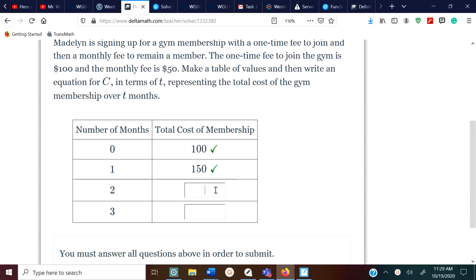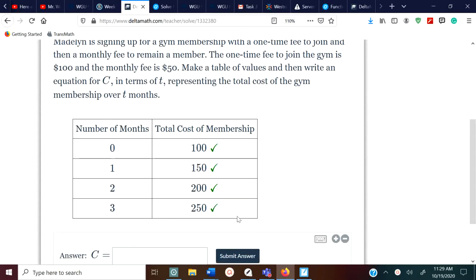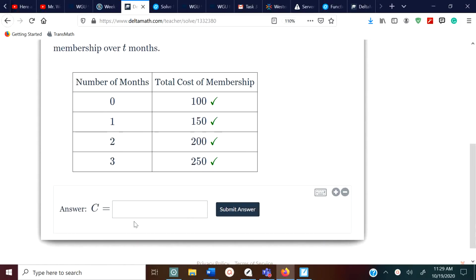All right. Then the next thing we're gonna do is add another $50. So you add another $50 of that, and you're looking at 200. And then another $50, you're looking at 250. Simple enough, right? Cool. Now it's wanting the equation. So what is the equation?